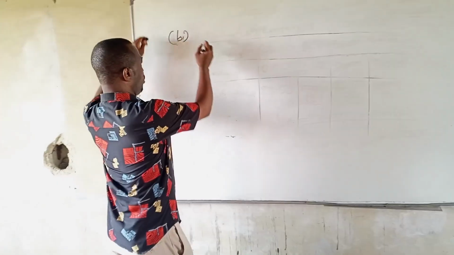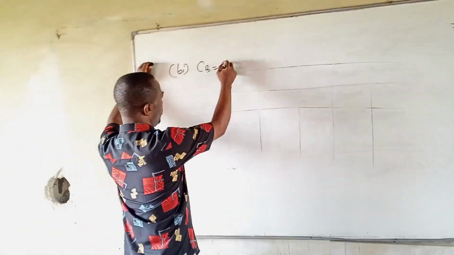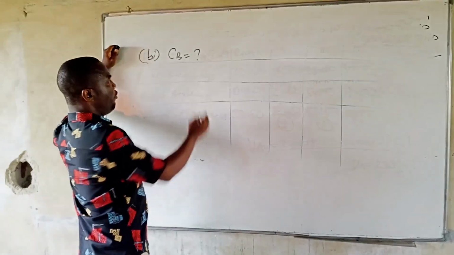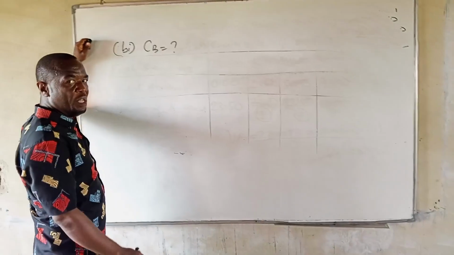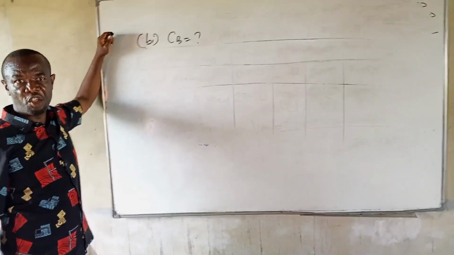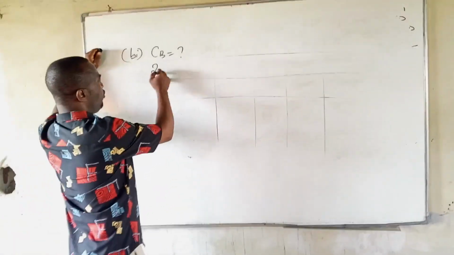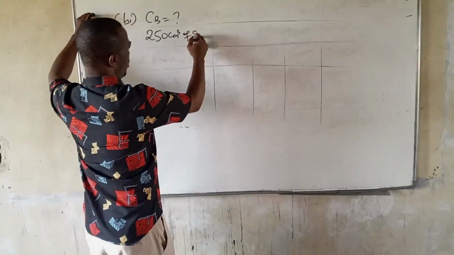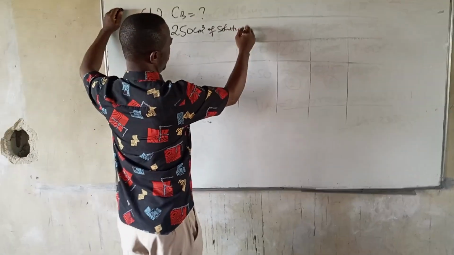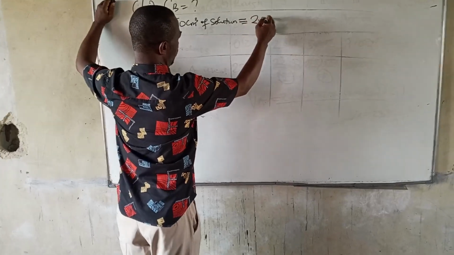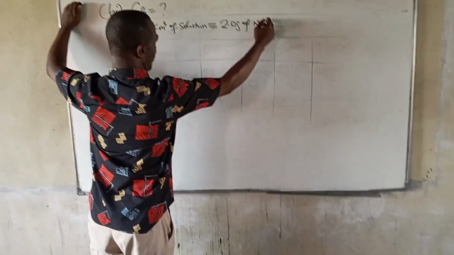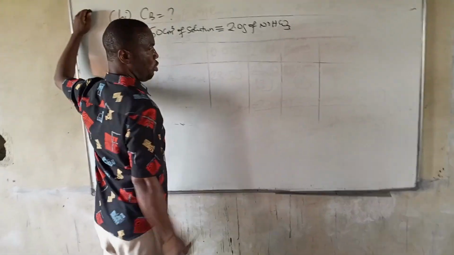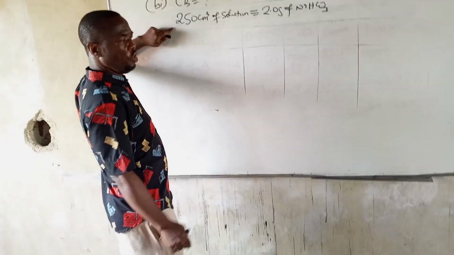So in the first question, we're looking for CB. We're told that we have 2 grams of B in 250 cm cube. So 250 cm cube of solution contains 2.0 grams of the sodium hydrogen carbonate. We find the mass in 1000 cm cube.